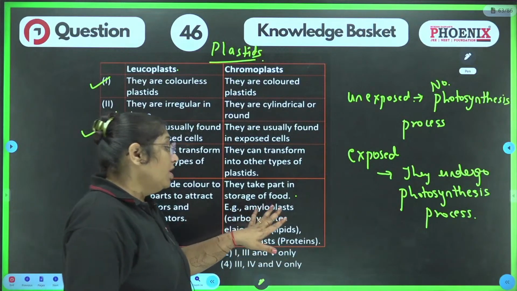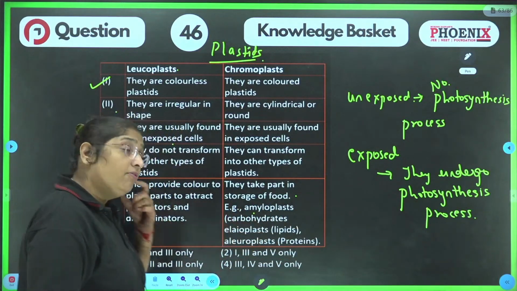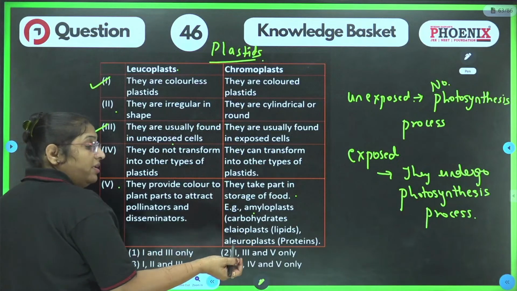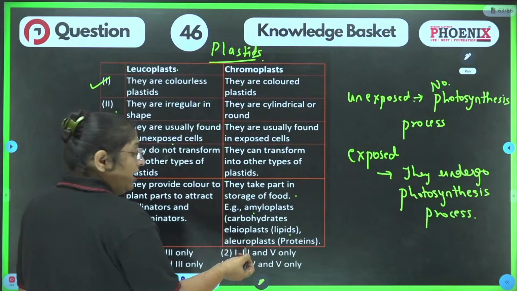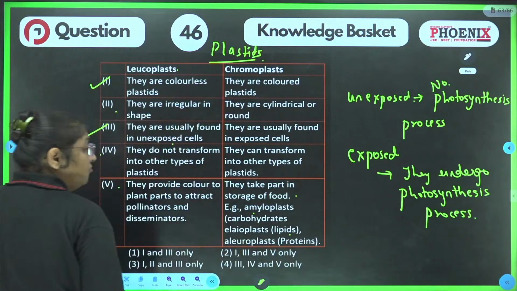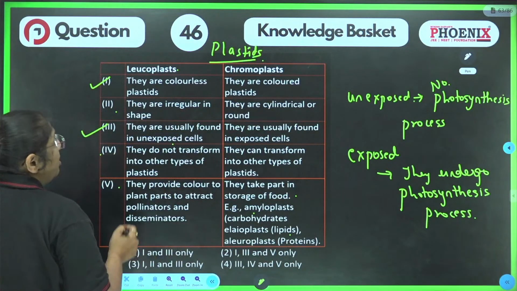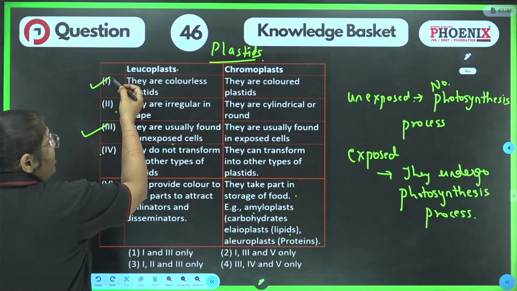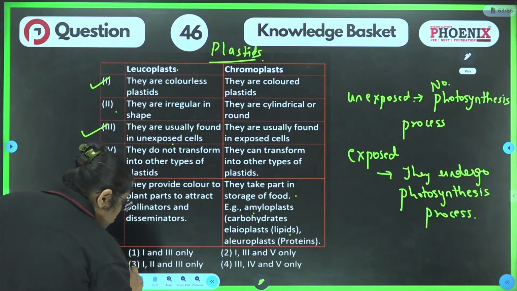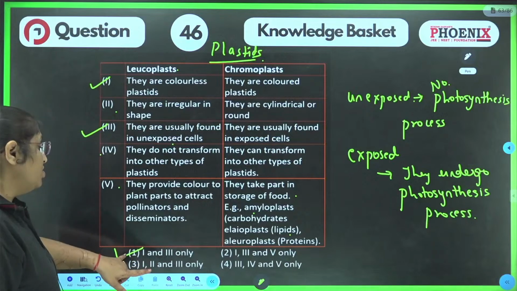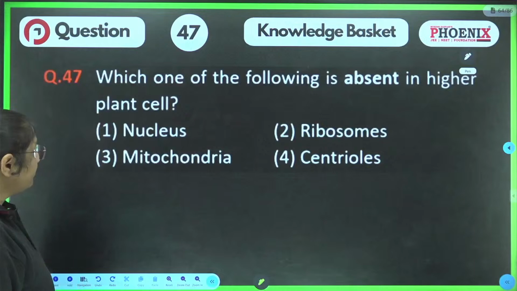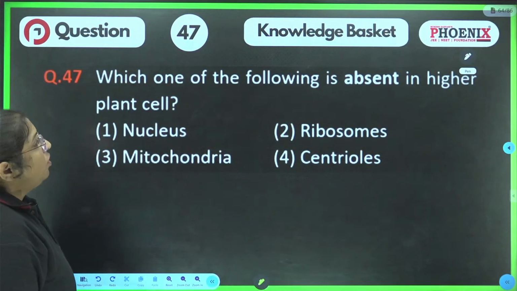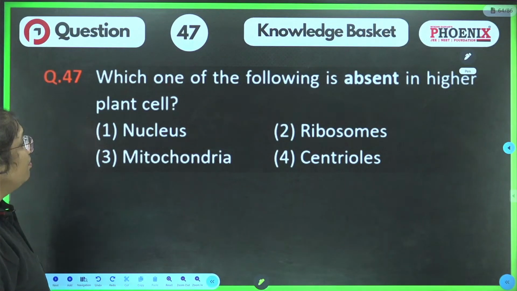Amyloplast stores carbohydrate, elaioplast stores lipids, and aleuroplast stores protein. So the correct option is 1 and 3. So here the option is first, because in the first it is given 1 and 3 only. Which one of the following is absent in higher plants?